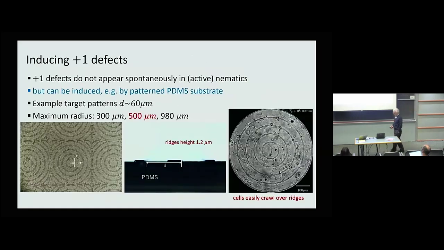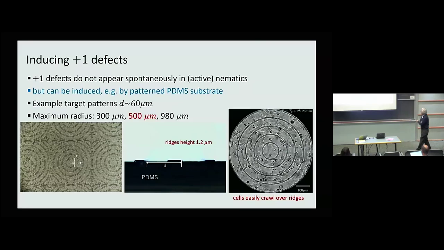However, we observed a very contradictory result. So this is our experimental system. We designed the micropattern on the PDMS substrate. Here the ridge spacing is roughly 60 micrometers, and the height is only 1.2 micrometers.